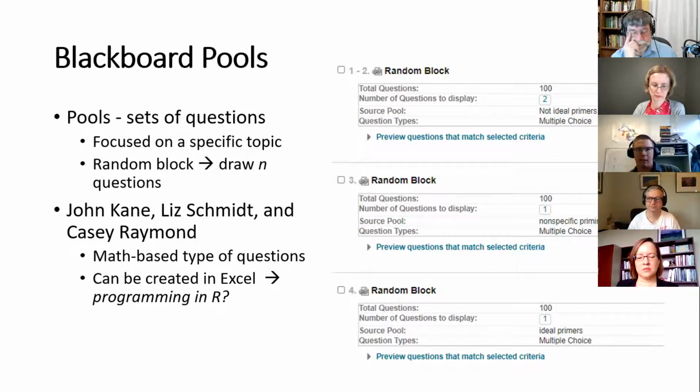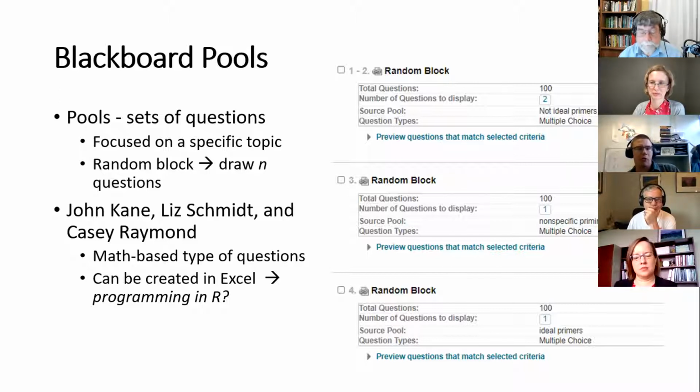That's absolutely doable, but I'm a programmer in R, which is something that allows professors in bio and maybe chem to use. So I just started creating pools using some programs in R, which was really great.